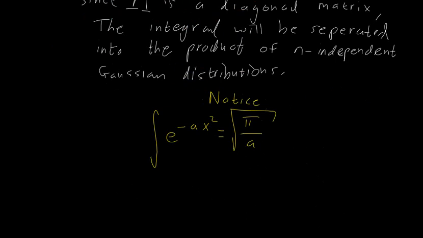This has to be equal to the integral of e to the negative x transpose times T lambda T inverse x dnx. All I'm doing is substituting the A matrix in. Okay, I'm substituting the A matrix for its diagonalizable form, right?